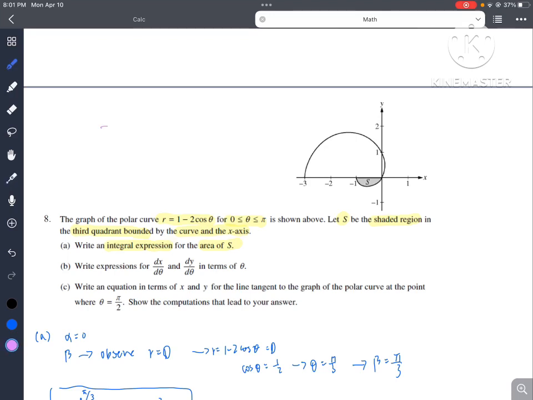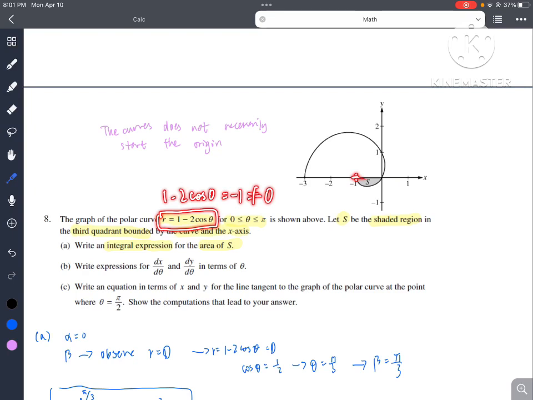One common misconception is that the curve starts at the origin. It does not start at the origin, which is a common mistake, because if you plug into your calculator 1 minus 2 cosine of 0, it's negative 1, not 0.